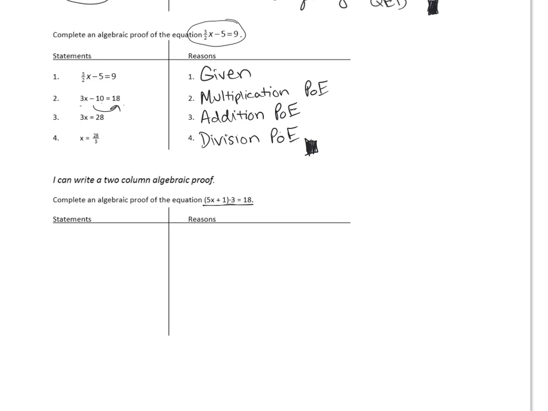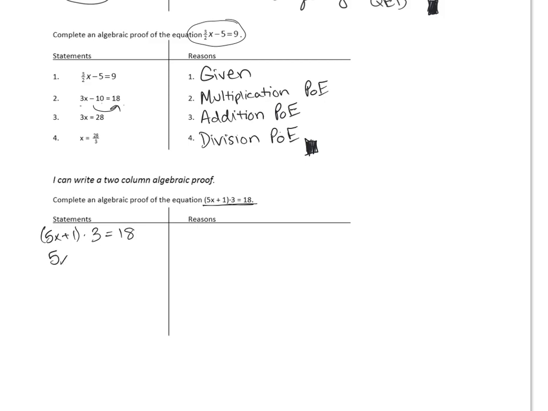Here I've got this lovely equation: 5x plus 1, times 3, equals 18. Let's go ahead and just solve this straight through, remembering that there's always more than one way to solve it. I'm actually going to start by dividing both sides by 3. I'm going to avoid the distributive property. If you want to distribute, you can, but I think it's going to be slightly shorter that way.